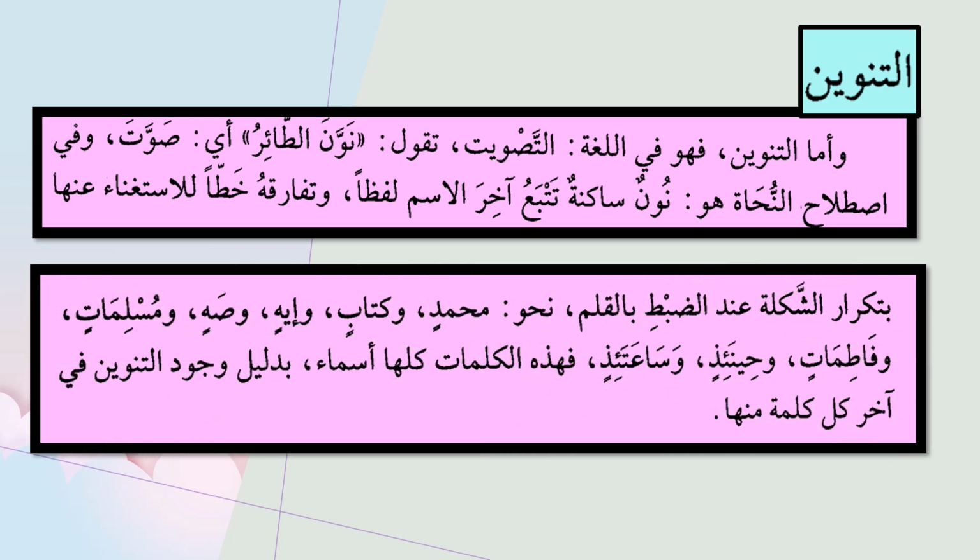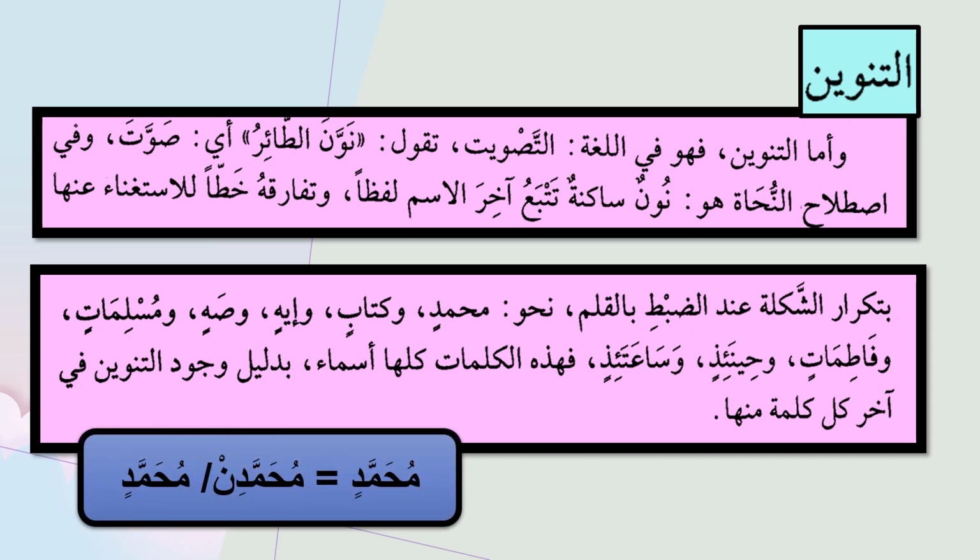The noun which has a tanween, a kasra at the end, means the kasra is repeated. We have a double kasra in tanween. Bitikrar means it is the repetition of the haraka in the writing with the pen. So in the example I have given here, you can see Muhammadin.